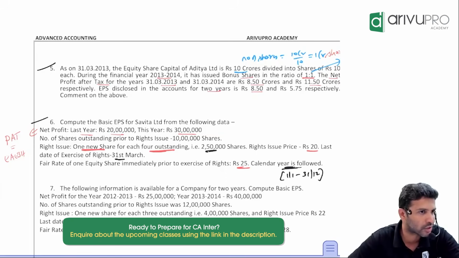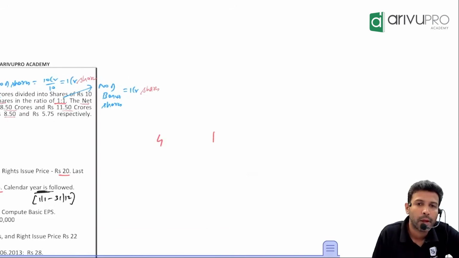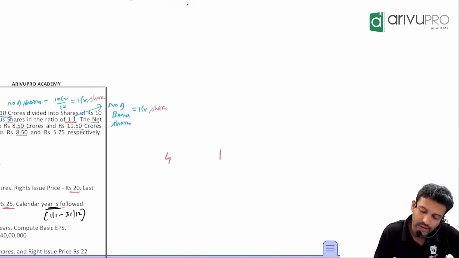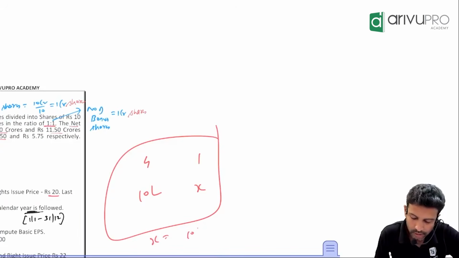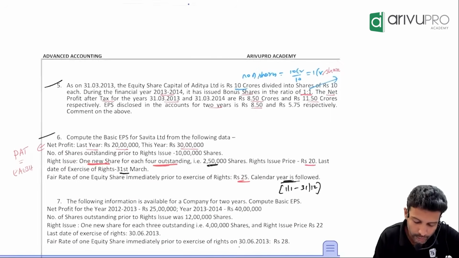That is the ratio, 1:4 or 4:1, depending on what you are interpreting. So if you have 10 lakh shares, how many right shares can you buy? 10 lakh into 1/4, which is how much? 2,50,000 shares. We don't have to calculate, they have only given.